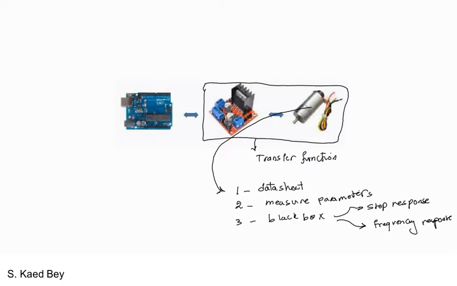When it comes to the first option, you will not always be able to find a datasheet for your plant. Your plant could be more complicated than just a motor. Even for motors available in the market, especially the hobbyist DC motor, you may not find a lot of information about the parameters we discussed before.